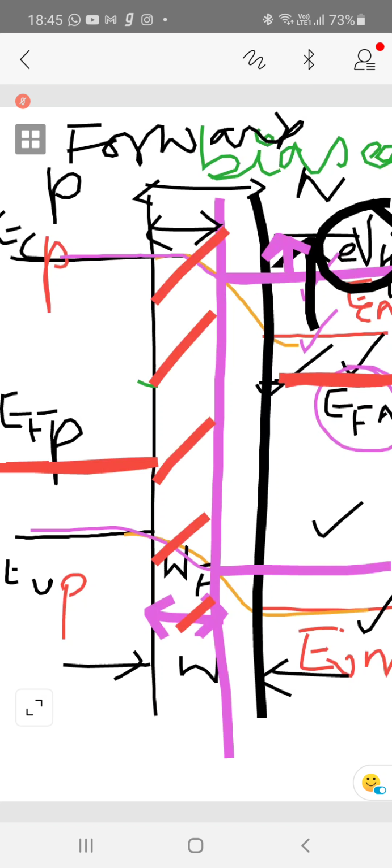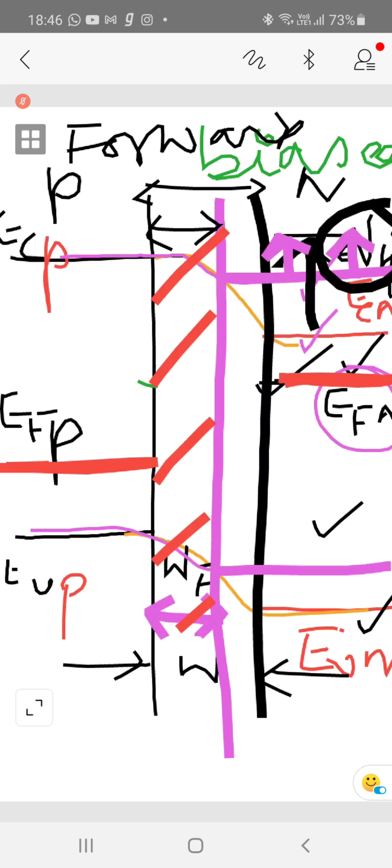It is only this much. So you see that is EVBI minus something, and the barrier height has decreased compared to the unbiased condition.